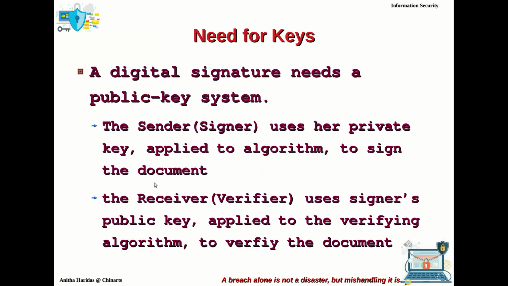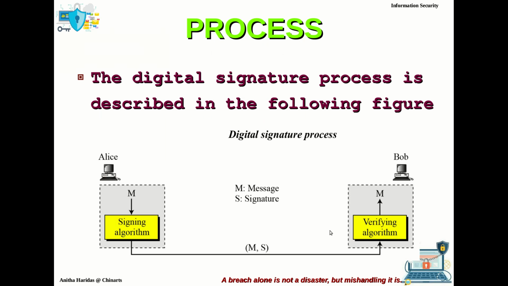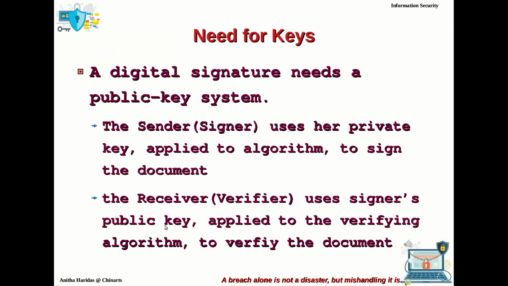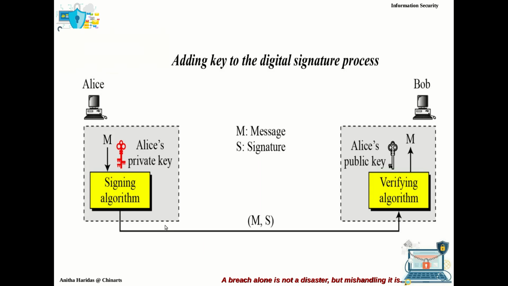In the earlier diagram, we had seen just the signing algorithm and verification algorithm. Now, what key is used for this process is depicted here. The message along with the private key will be given as the input to the signing algorithm. Then the message and the signature will be sent to Bob, the receiver.